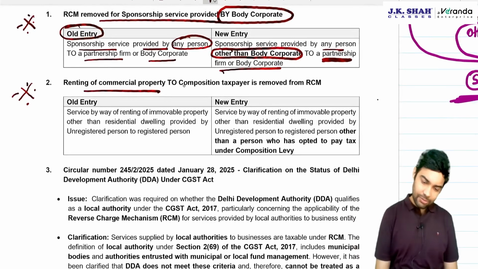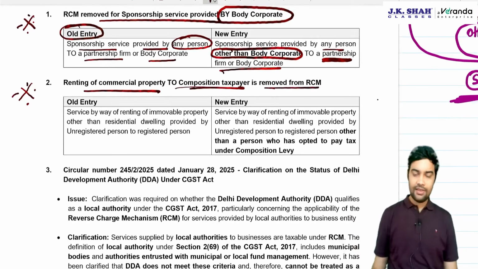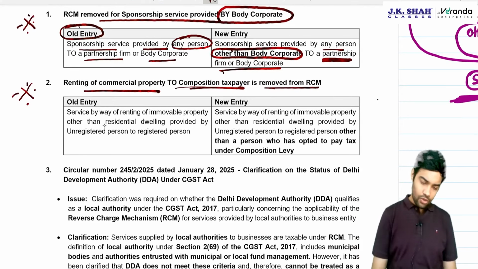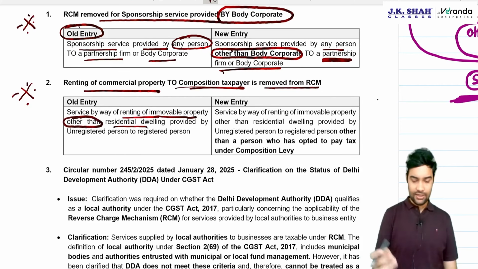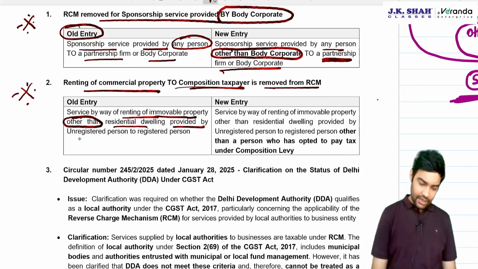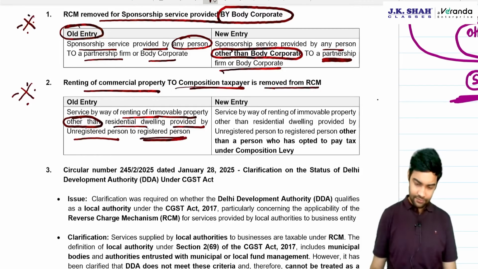Renting of commercial property to a composition taxpayer is removed from RCM. The old entry was renting of immovable property other than residential, provided by an unregistered person to a registered person.